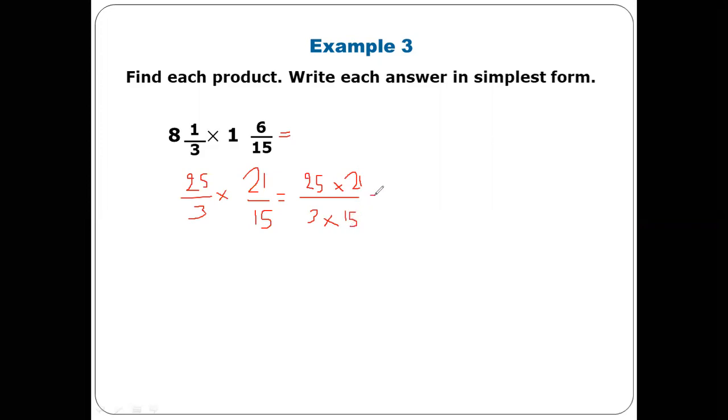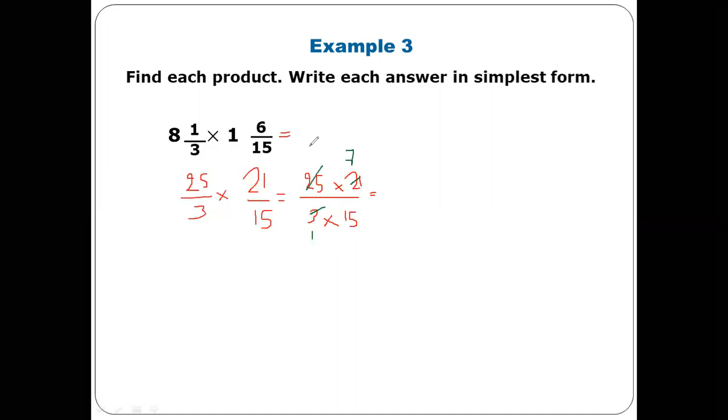Let's look closely at the numbers in order to search for common divisors that can divide the numbers in the numerator and the numbers in the denominator. It's clear that 21 and 3 share 3 as a common divisor. So 3 divided by 3 is 1. 21 divided by 3 is 7. Now, 25 and 15 share 5 as a common divisor.